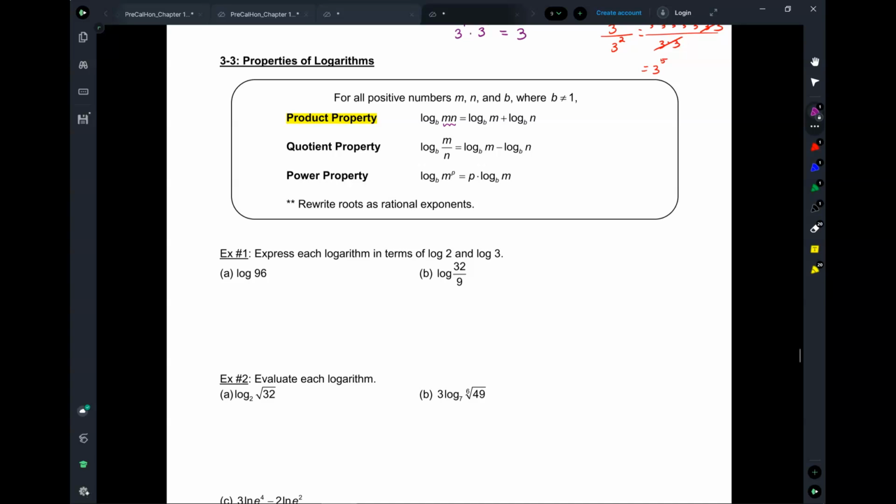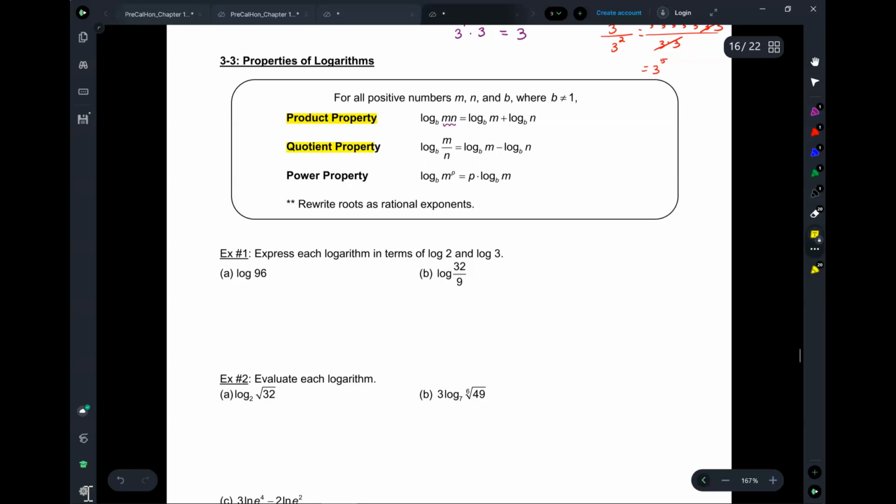Okay? When you're dividing, same idea, log of m over n, you separate them, give each its own log, and always think about it: if you're dividing powers, you've got to subtract the exponents. So it's log of m minus log of n. Okay, so that's the product property and the quotient property.